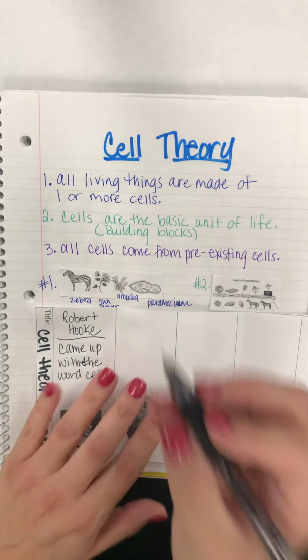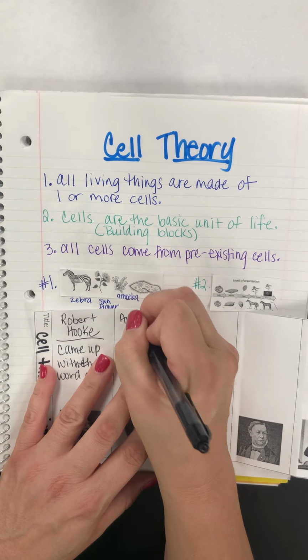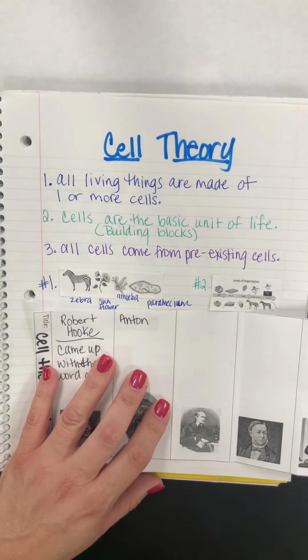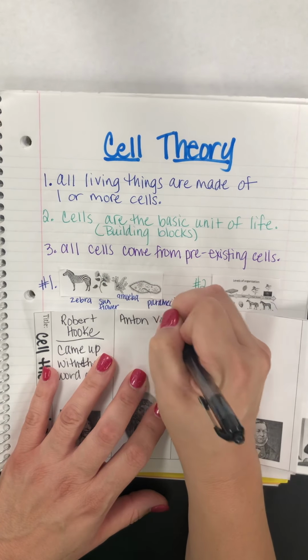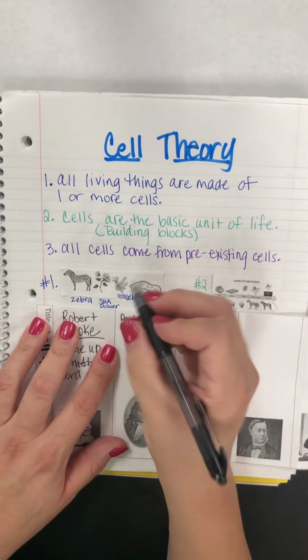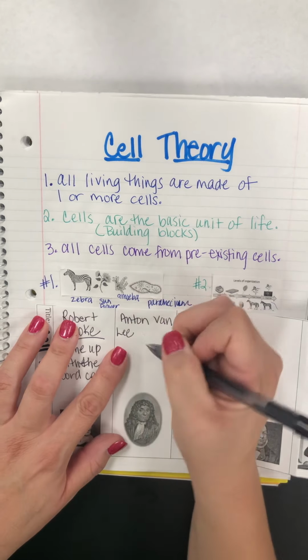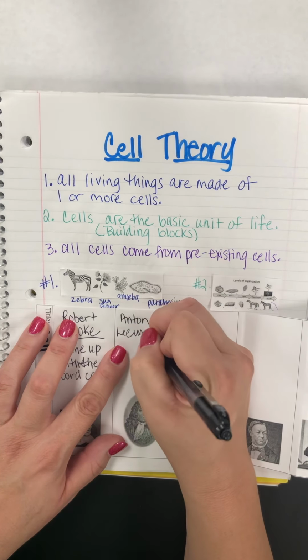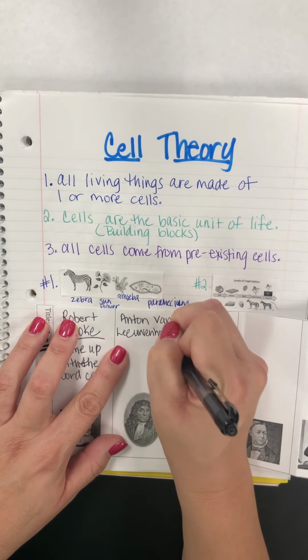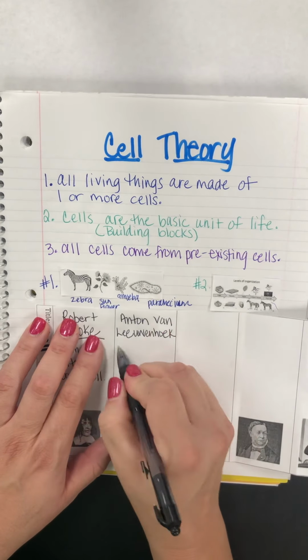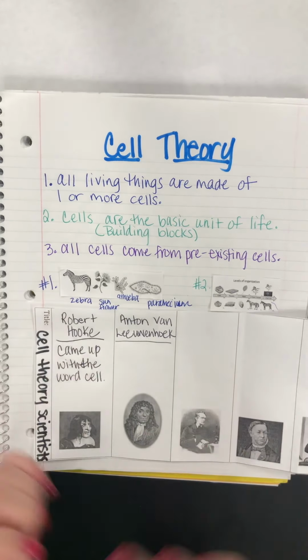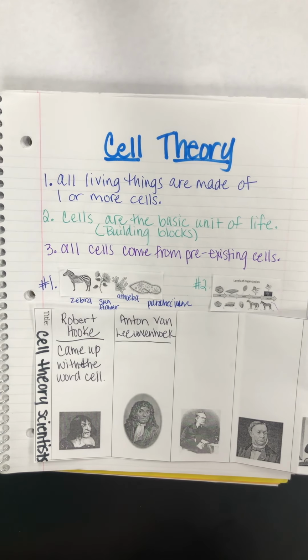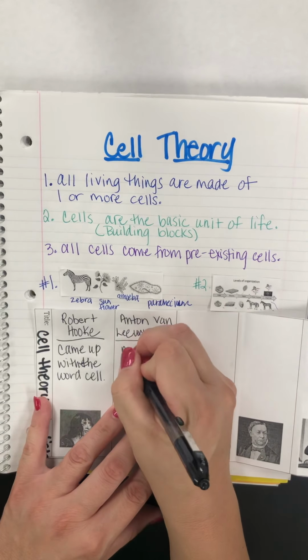Okay, moving on. Next scientist that we are going to write about is Anton van Leeuwenhoek. Okay, this is a long name. Make sure you're copying it just like mine. Okay, Anton van Leeuwenhoek. What we learned about him in the video is that he made his own microscope.